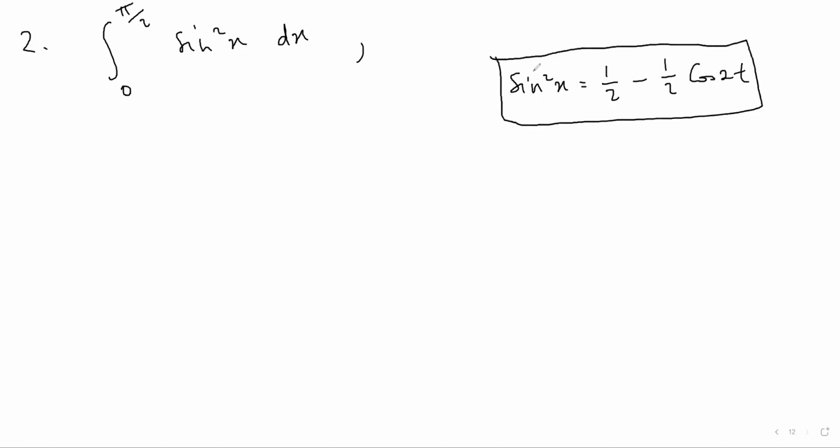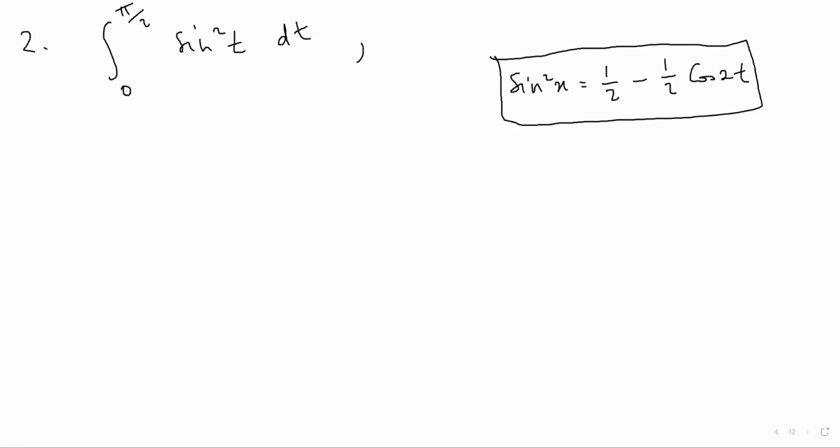Sorry, I have t here, I don't know why. Let me change everything to t and make this example with a t. So this is sine squared t, and this is dt, right?